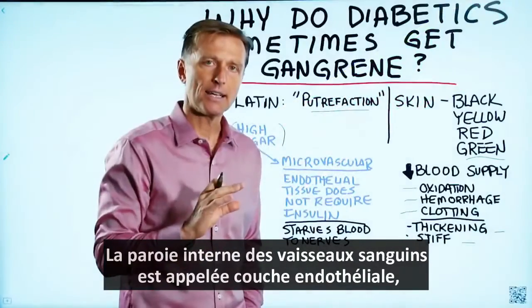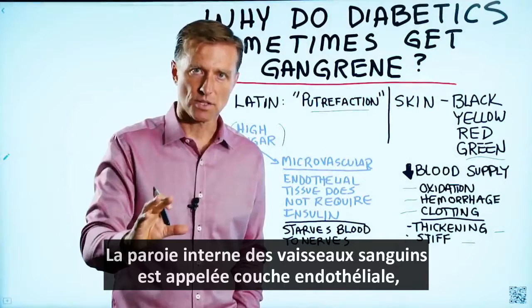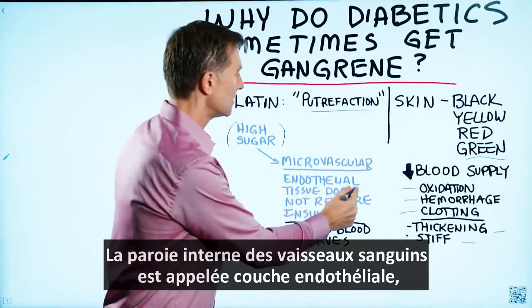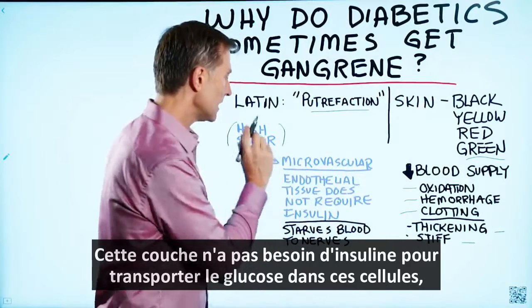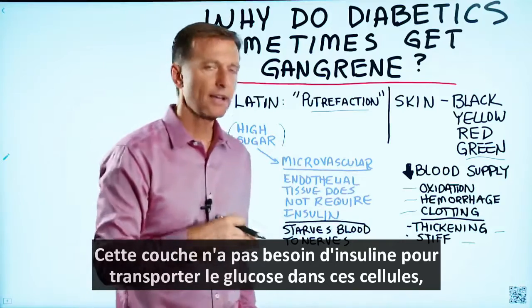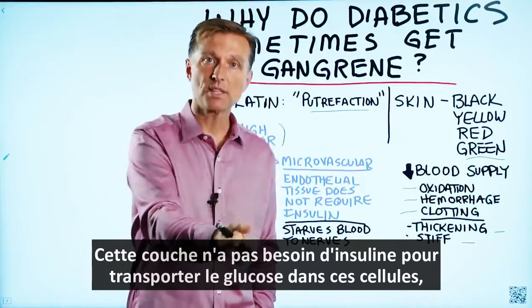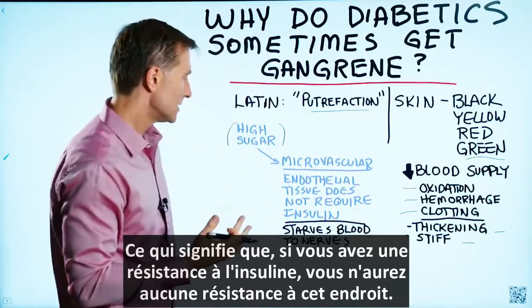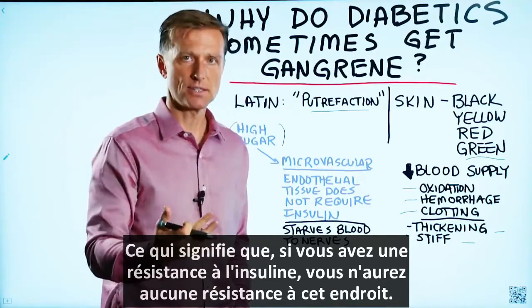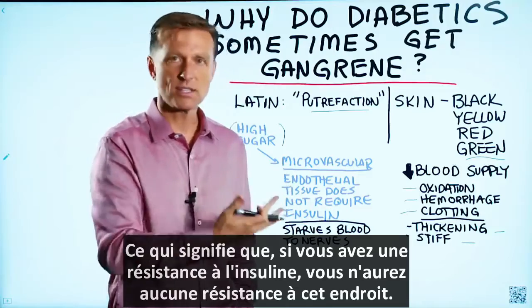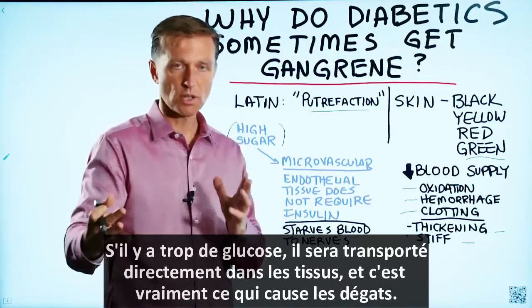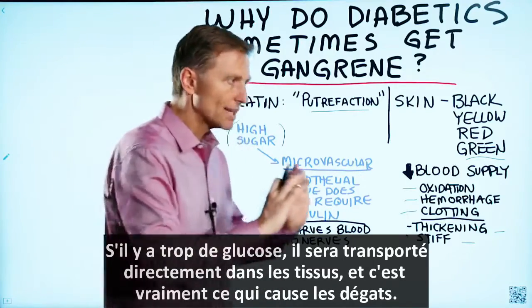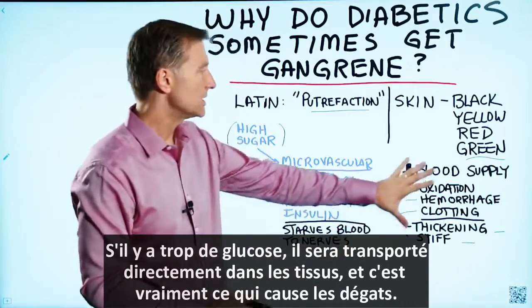Now, the lining on the inside of the vascular system is called the endothelial layer. And this layer does not require insulin to transport glucose into those cells, which means that if you have insulin resistance, you won't have any resistance there. If there's too much glucose, it's going to drive it right into the tissues, and that's really what's creating the damage.